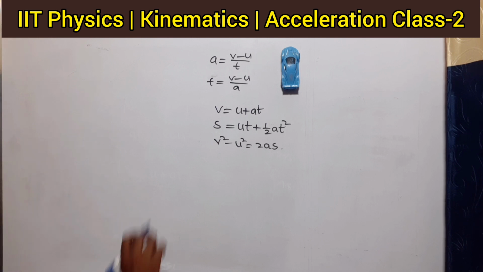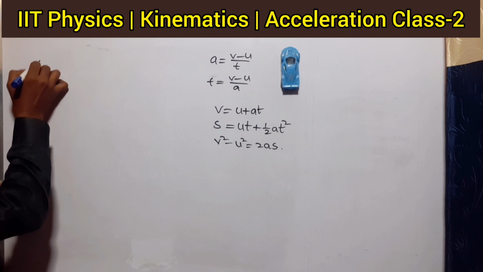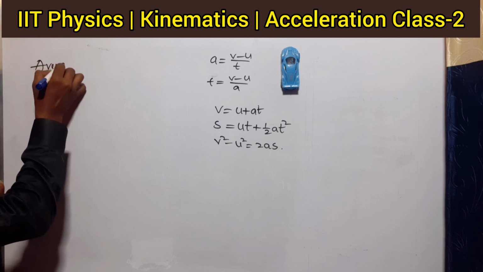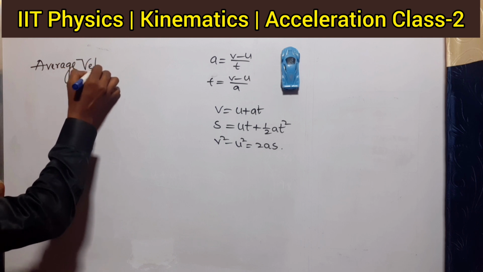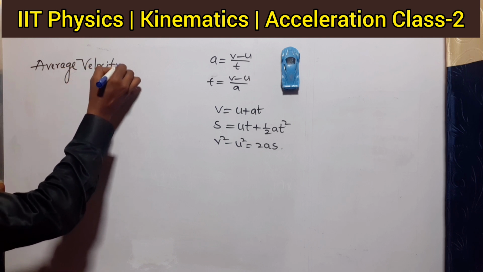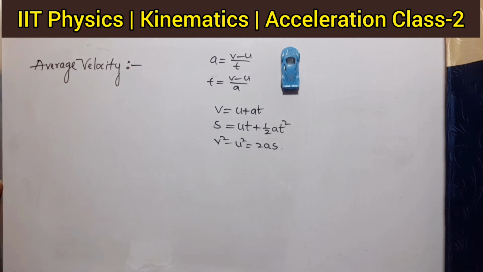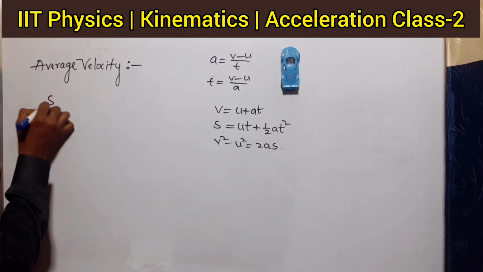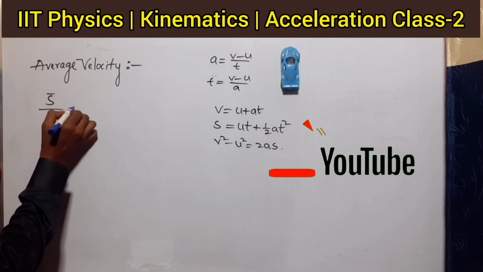Then as per the average velocity definition, we have two formulas for average velocity. Total displacement by total time taken is one of the formulas.